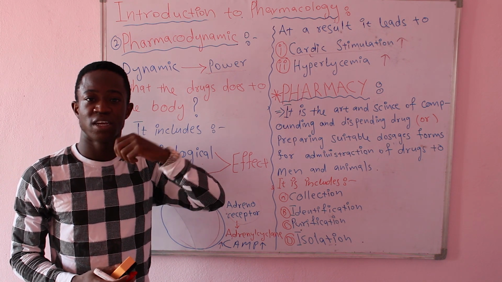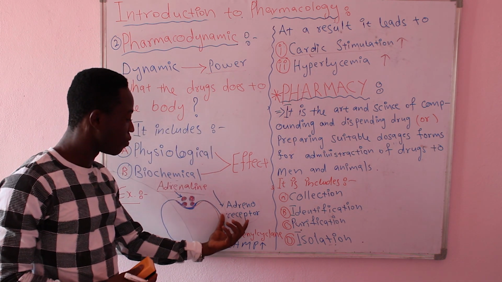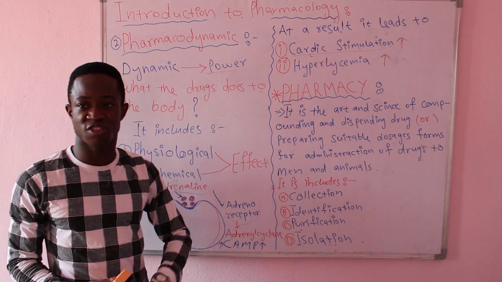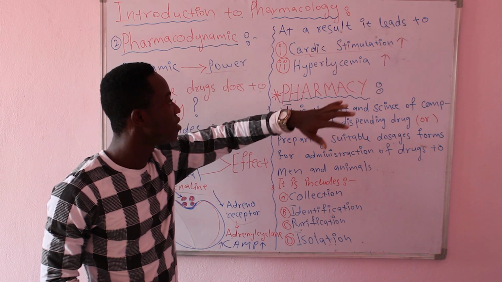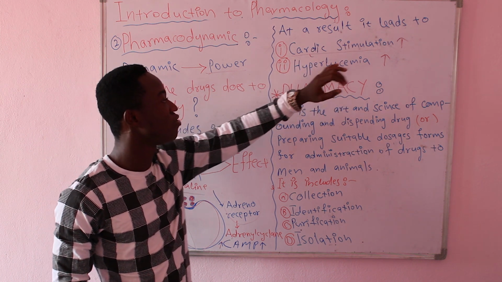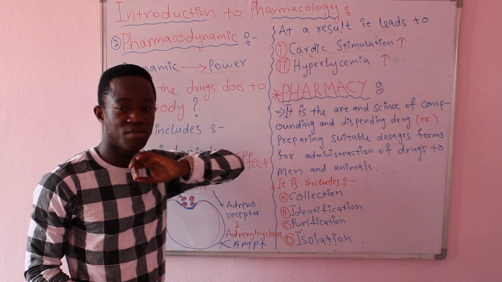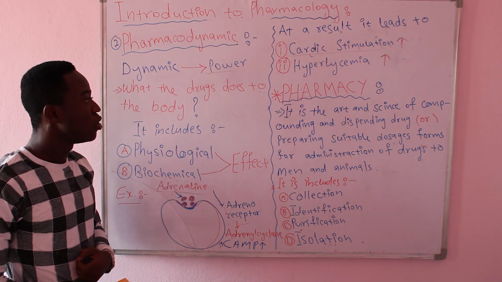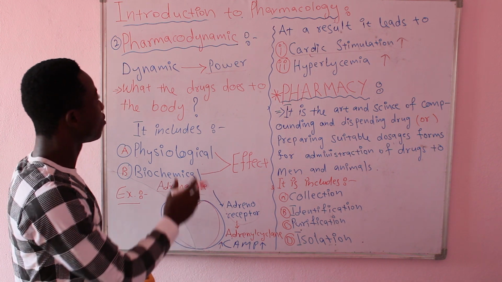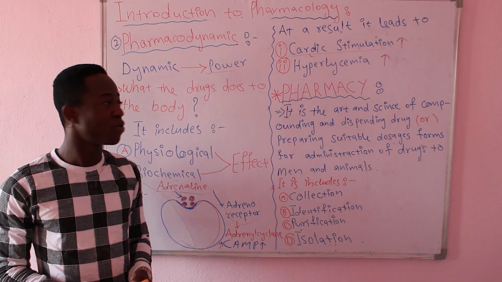That's the effect the patient is expecting. The cardiac stimulation and high sugar level, called hyperglycemia, are the biochemical effects. So that's pharmacokinetics and pharmacodynamics.